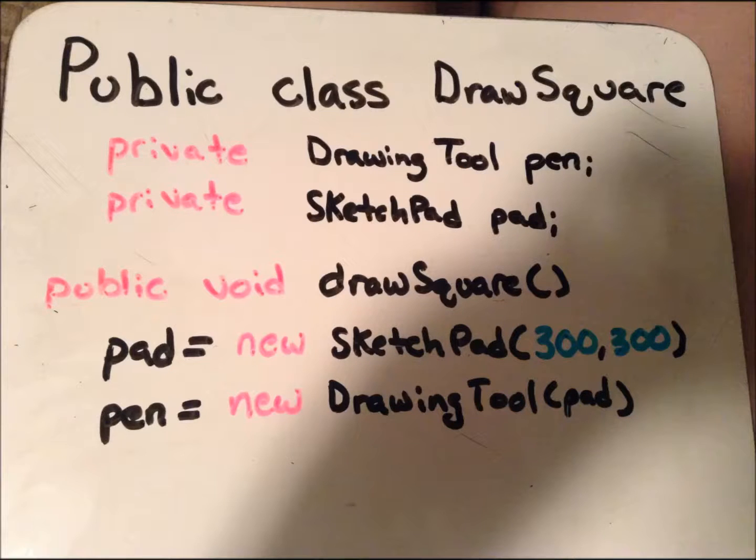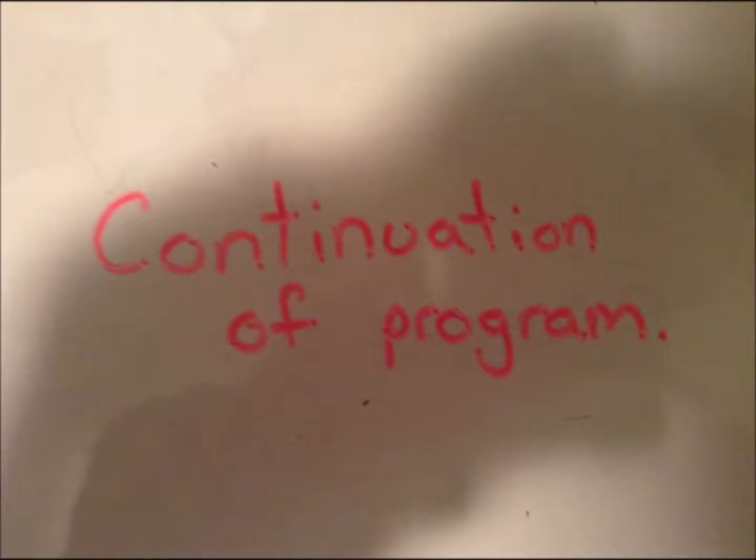A constructor is a method with the same name as the class. The first instruction will construct a new sketchpad object named pad with dimensions 300 by 300. The next instruction will cause a new drawing tool object named pen to be constructed using the sketchpad object named pad.